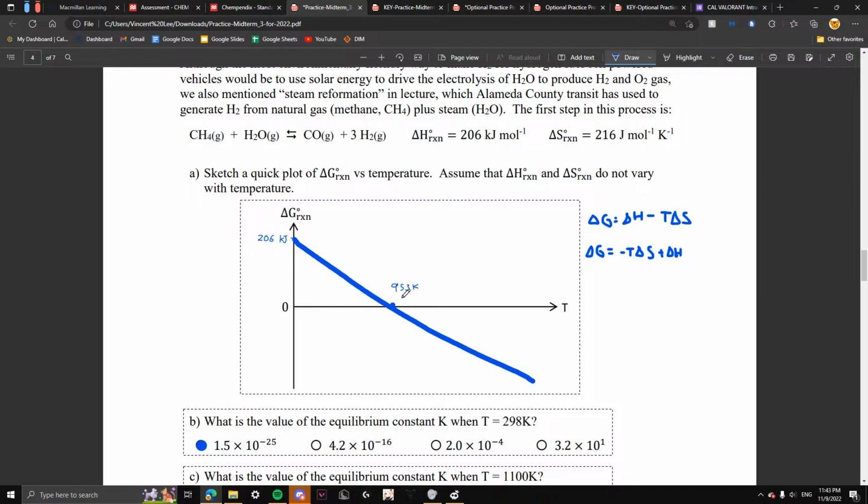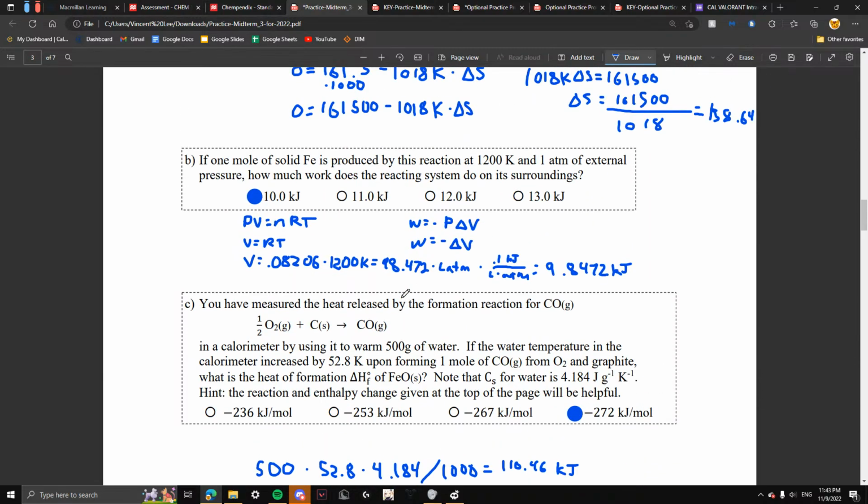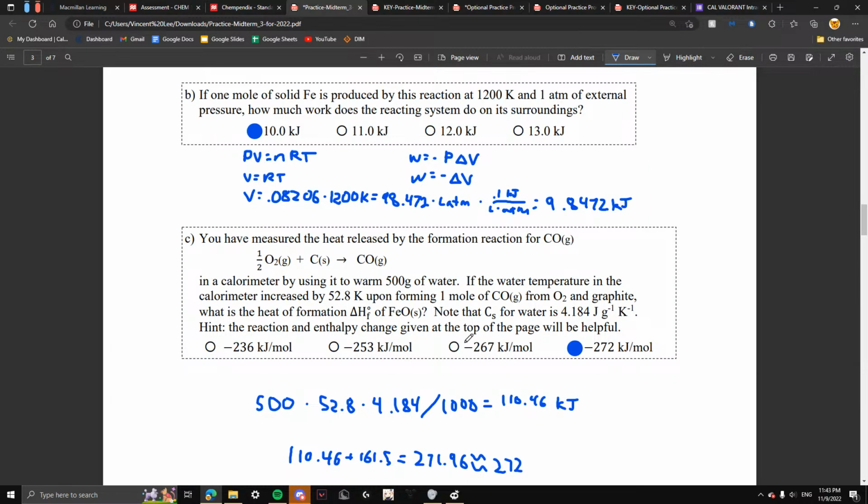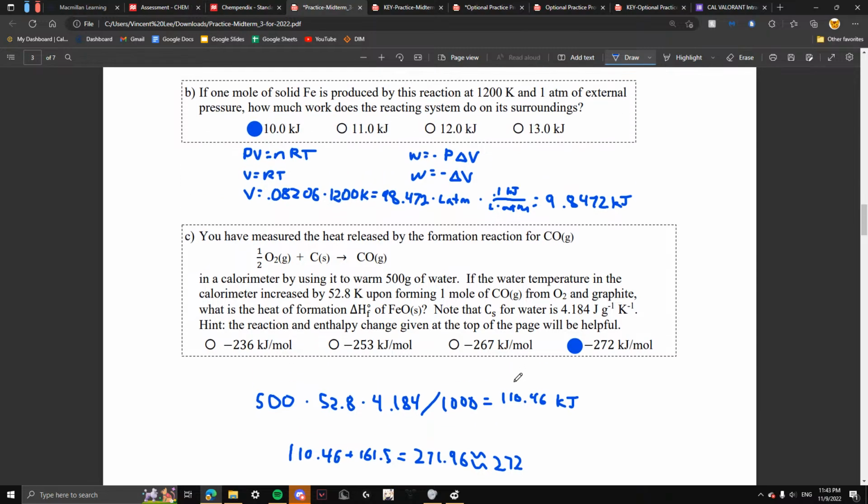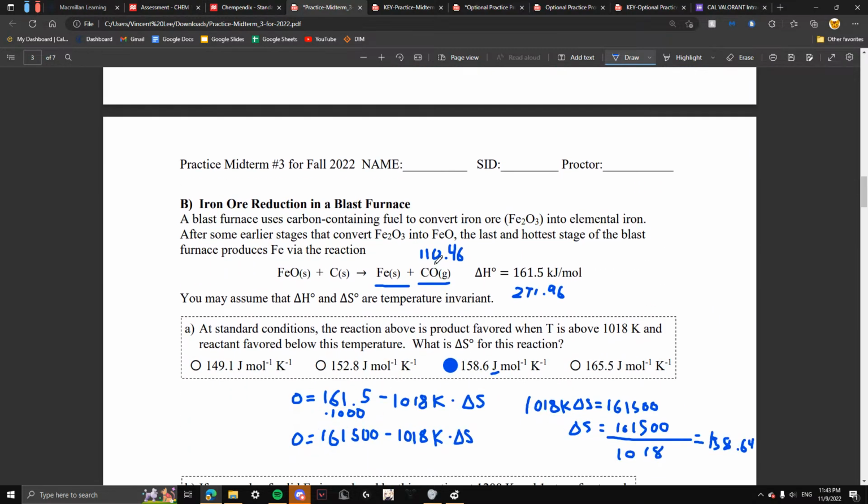Wait, add the delta H in the previous problem. You add them because that's the energy it took to form this carbon monoxide here. All I did was assume products. The delta H total for this whole reaction is products minus reactants.